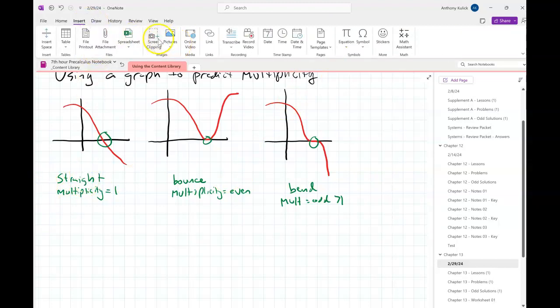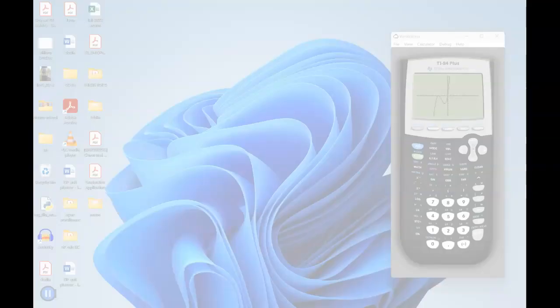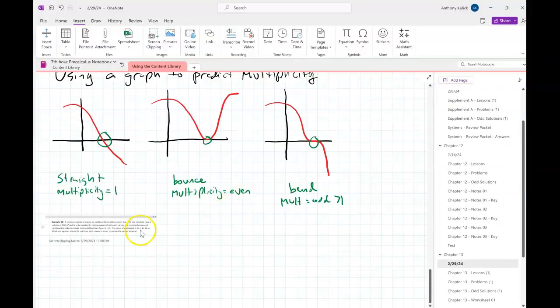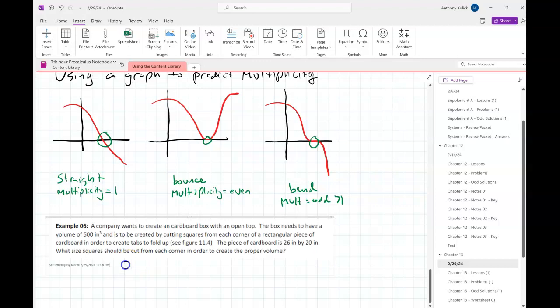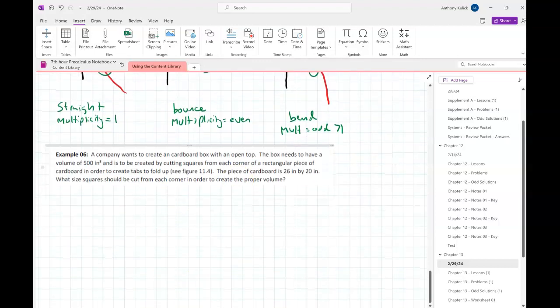Okay. Let's do a little story problem example, and then we'll move on to one more topic. So this example says a company wants to create a cardboard box with an open top. You guys get what I'm saying? Okay.